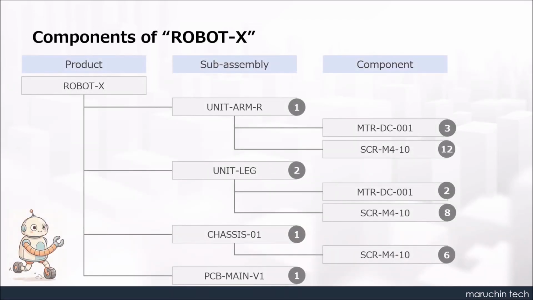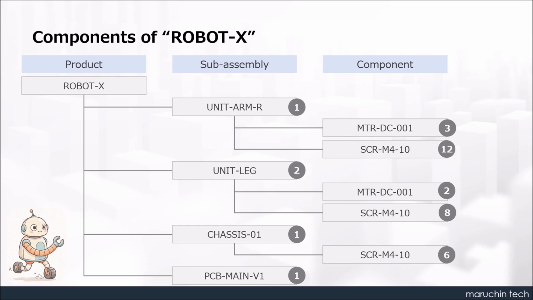I will explain recursive queries using the RobotX example we are using in our hands-on exercises. The components of RobotX have a parent-child relationship involving sub-assemblies and parts. First, we create a table for the semi-finished products that are direct children of the product RobotX.